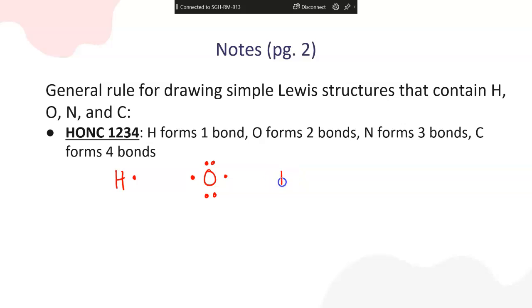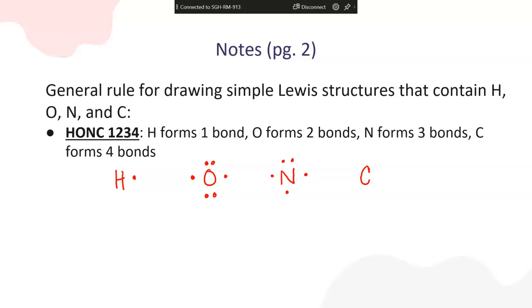Okay, so for nitrogen, we know it has how many valence electrons? Nitrogen has 5 because it is in group 5A. So we draw its Lewis dot diagram as such. You always start by writing them single before you pair them up, just like when we did orbital diagrams.